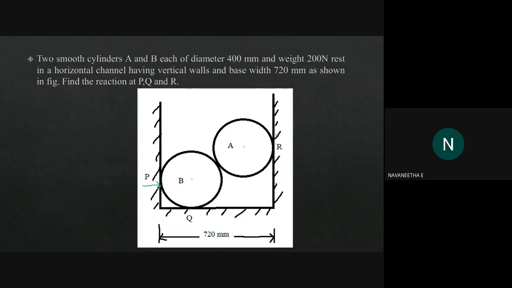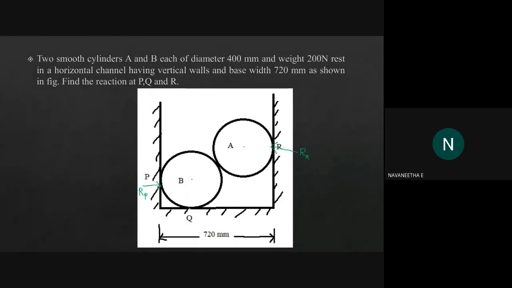That is called a reactional force. So we can write the reactional force, which is normal to the surface of the body, as R with suffix R. And here RP.